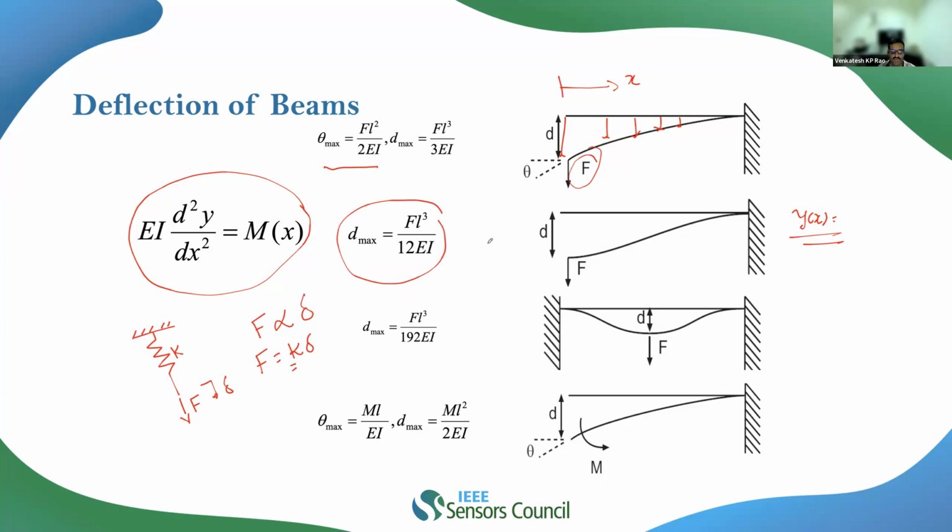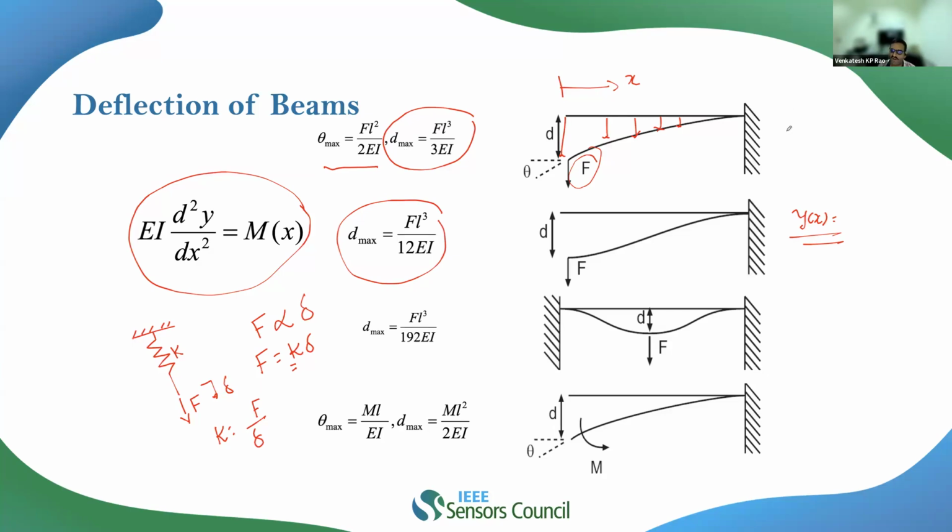So if you look at this, for a simple cantilever, we have FL cubed divided by 3EI. On the other hand, I can write the stiffness to be equal to force divided by this delta. So the maximum deflection I got is this.